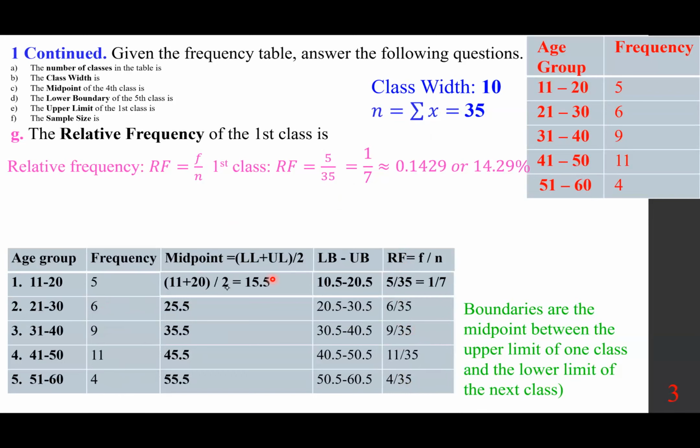What I want to explain is the midpoint. If you recall, we found one of the midpoints to be 45.5 for the fourth class. We found that, right? Now we can do the same thing for the rest of it: 11 plus 20 divided by 2, 21 plus 30 divided by 2.